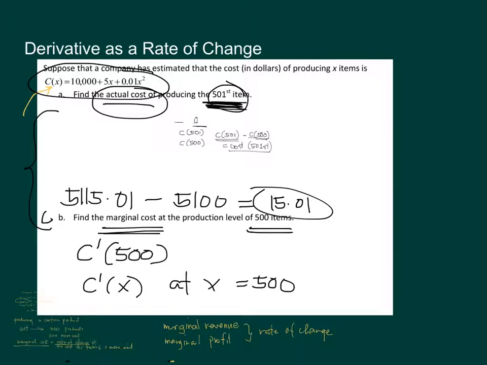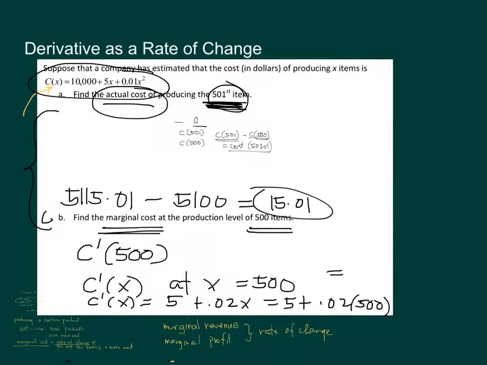If we do this, C prime of x is equal to the derivative of 10,000 is 0, the derivative of 5x is 5, the derivative of 0.01x squared is 0.02x. So C prime of x at 500 means 5 plus 0.02 times 500.